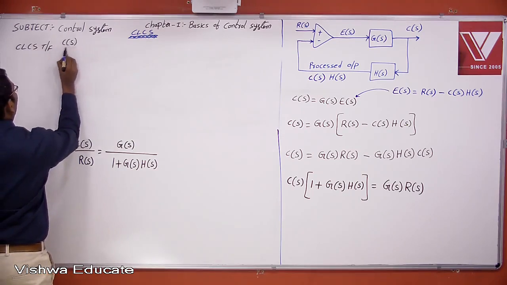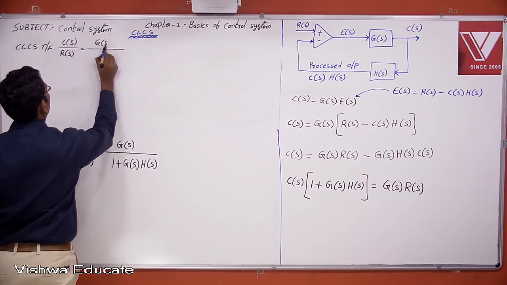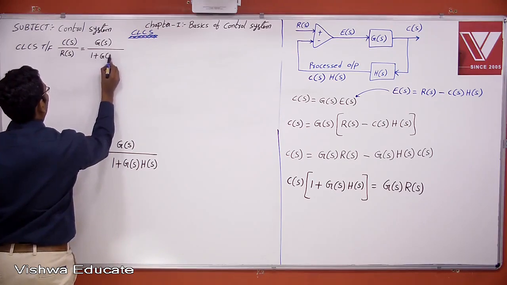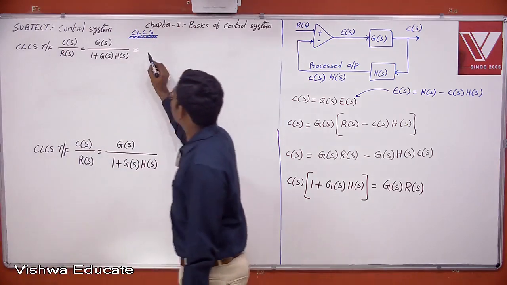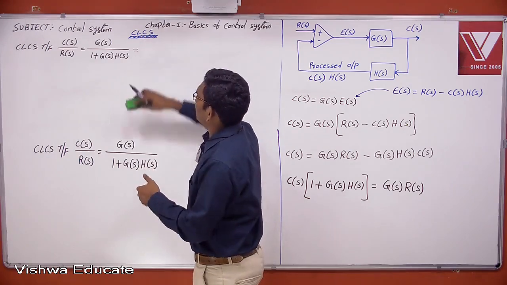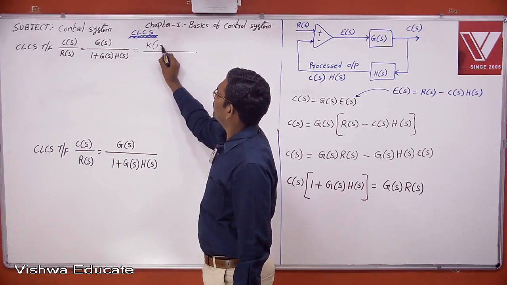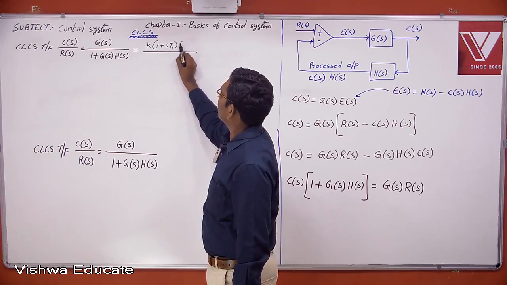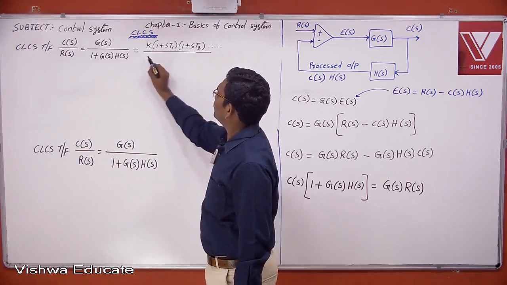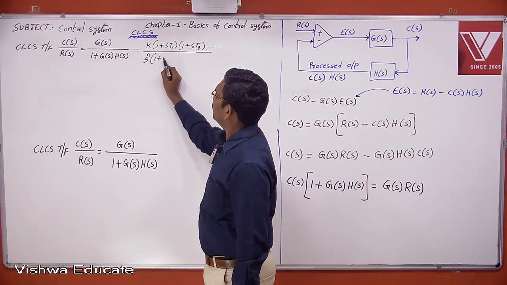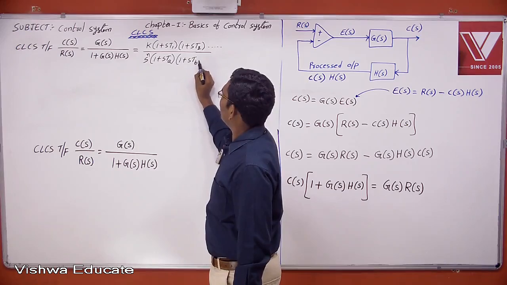Laplace transformation of output by Laplace transformation of input, which is equal to G of S by 1 plus G of S into H of S, which is equal to, now this is also a polynomial which is a function of S, K into 1 plus ST1 into 1 plus ST2 and so on, by S power n into 1 plus STA into 1 plus STB and so on.